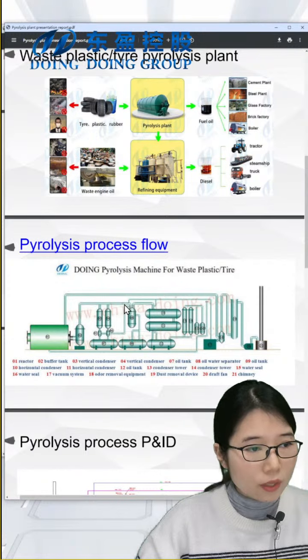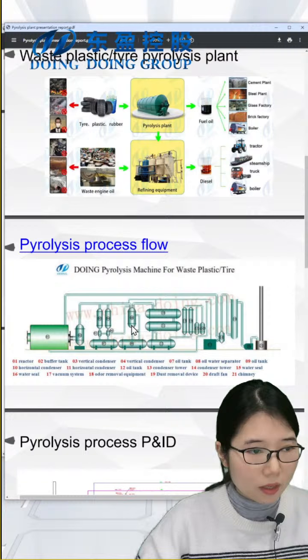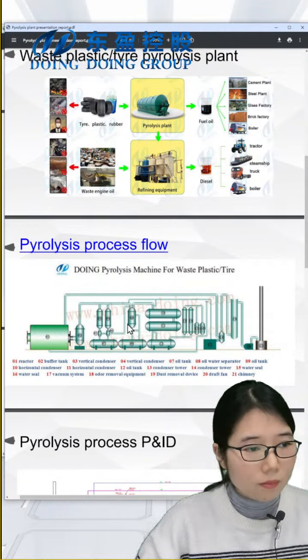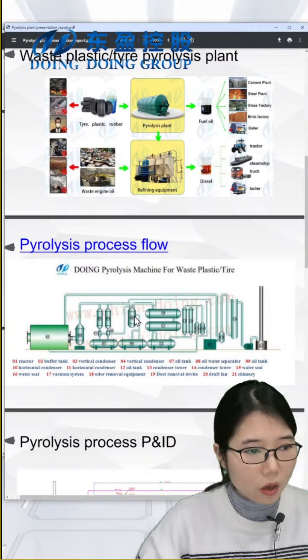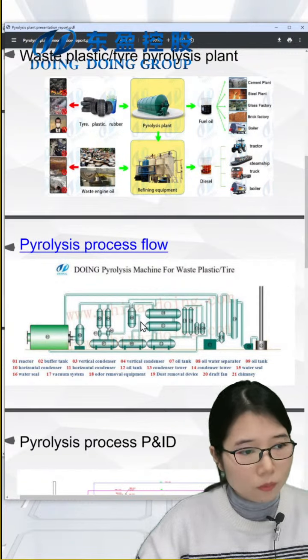And then the oil gas will pass by the water oil separator. It's a kind of safety device, and also can be a part of the condenser because it also has a cooling effect.